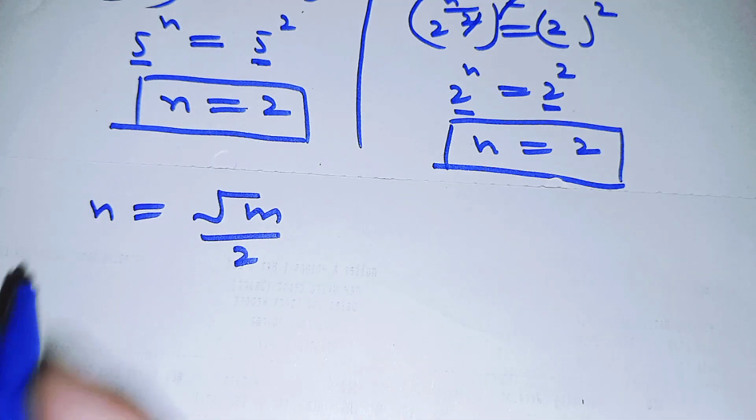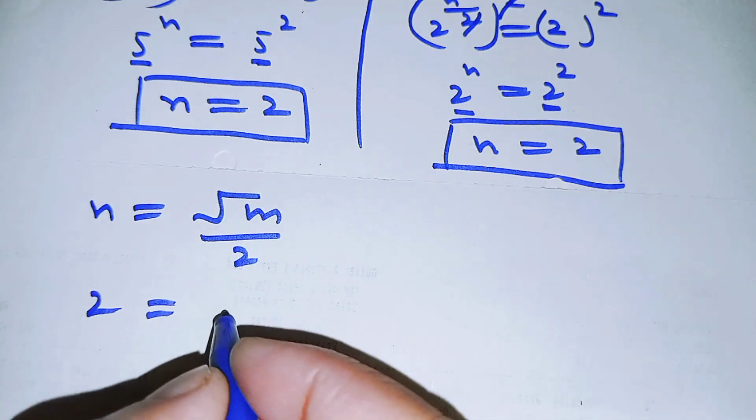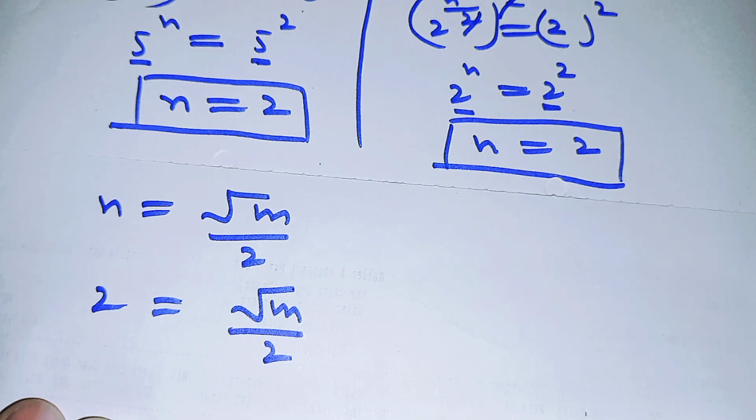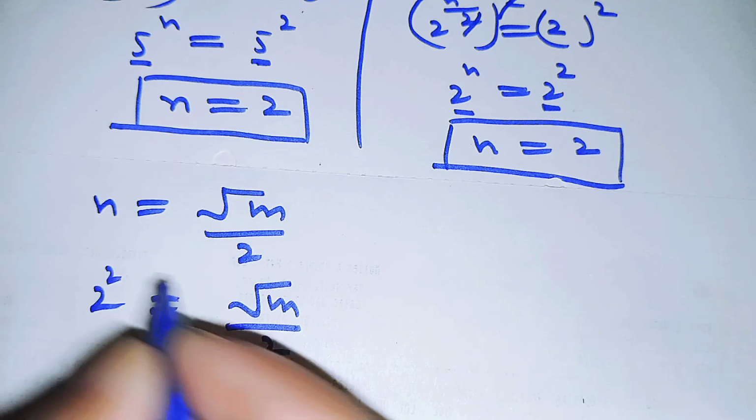So we put 2 is equal to the square root of m over 2, and now we square both sides.